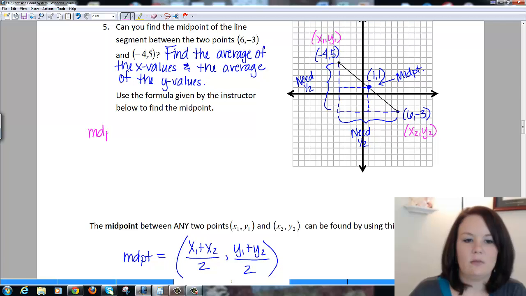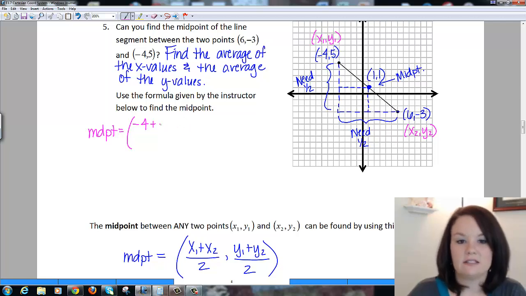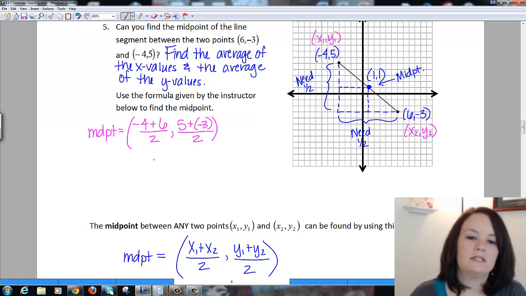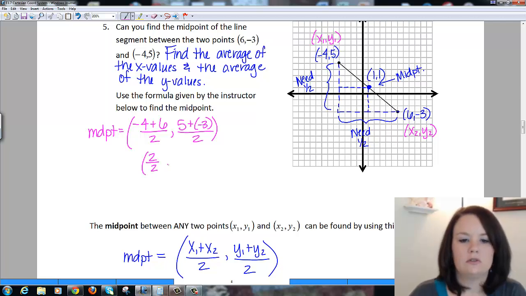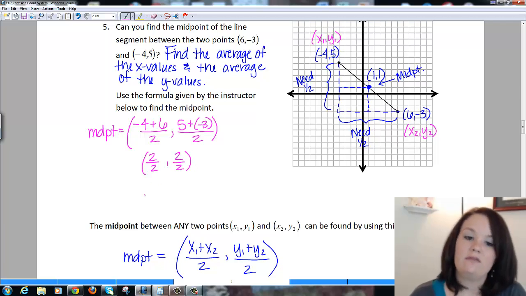So that means that my midpoint is equal to my first x, which is -4, plus my second x, which is 6, divided by 2, and my first y, which is 5, plus my second y, which is -3, divided by 2. And then I just simplify. -4 and 6 is 2 over 2. 5 plus -3 is 2 over 2. And then if I reduce, notice this gives me 1, 1.